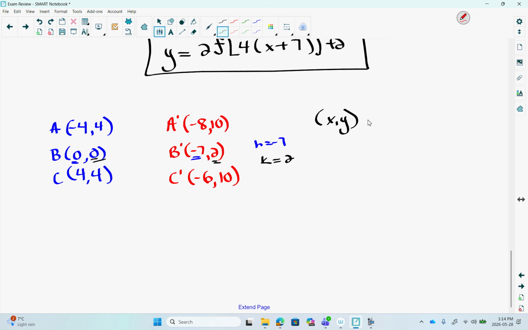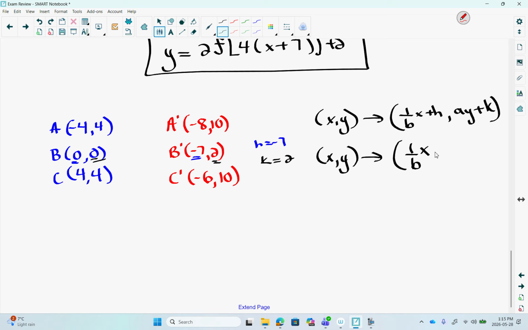X, Y becomes 1 over B times X plus H, and A times Y plus K. If I fill in a -7, so instead of adding -7, I'll just put -7. And A times Y plus 2.